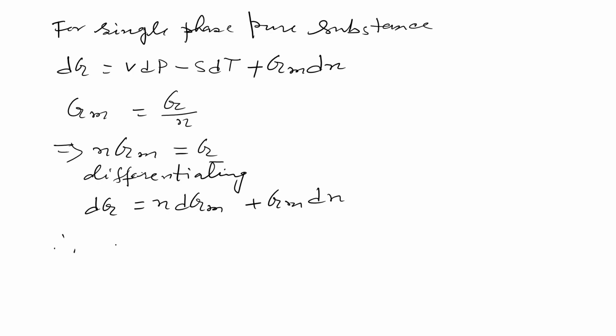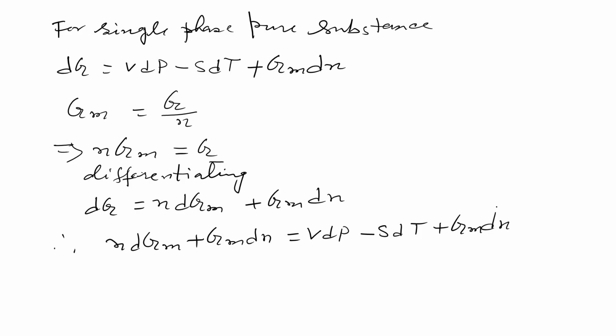N dGm plus Gm dN is equal to VdP minus SdT plus Gm dN. So this Gm dN gets cancelled, right?